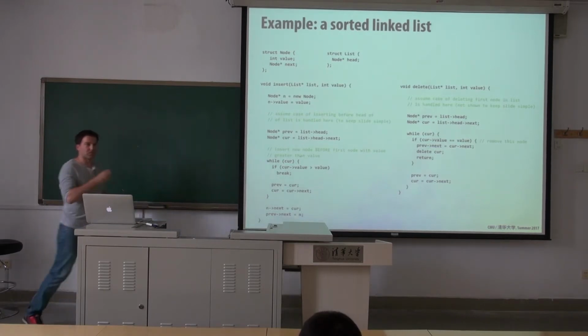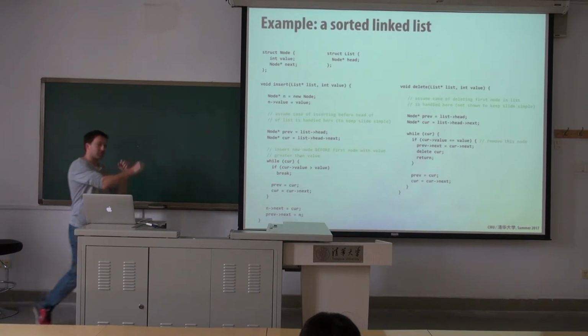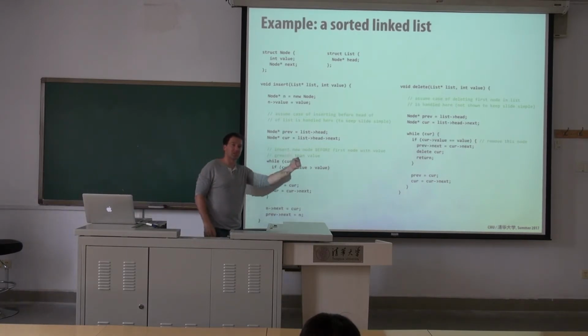The list is sorted, so the values start really small. As soon as current is bigger than what I want to insert, I insert the new node right before current, and I make the new node's next pointer point to current.